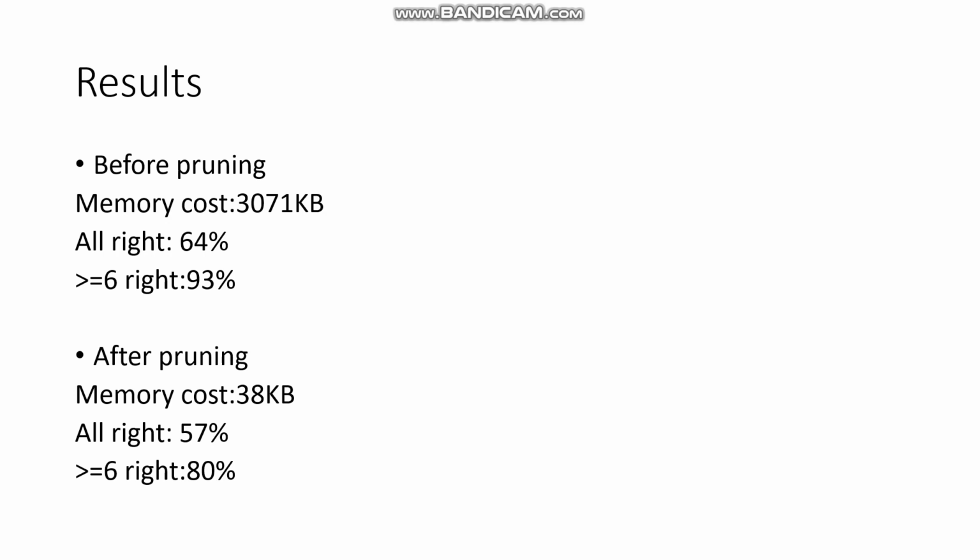Results. Before pruning, the memory cost of the number model is 3000 KB, and the accuracy of all right is 64%, which means we can predict all 7 characters right, and the percentage of 6 right characters is 93%.